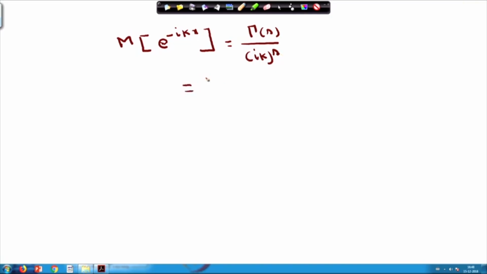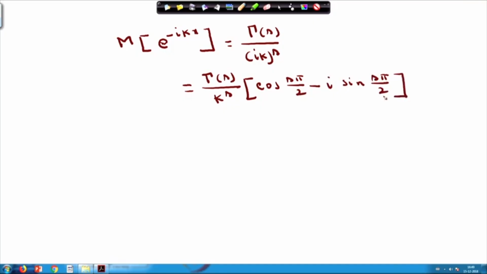This equals gamma s by k to the power s, and your i to the power minus s is going over there, which in terms of cos and sin you can write down, that is cos s pi by 2 minus i sin s pi by 2. This I can obtain, this i to the power minus s, which if I take it over there, I can write it like this.